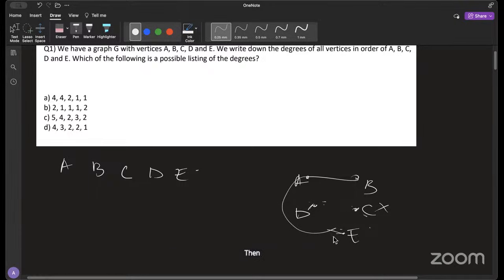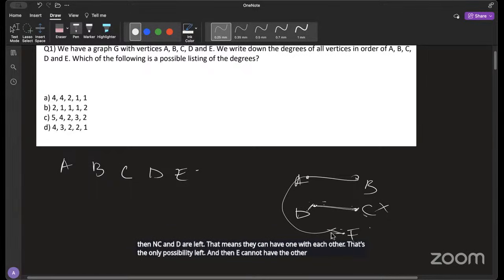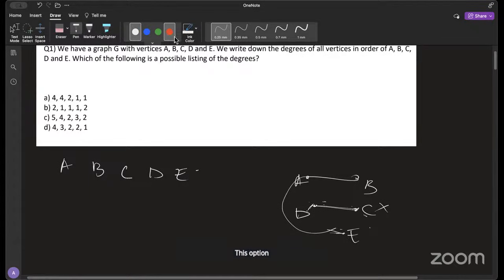Then A has two, E has two, and everyone else has one, right? So B's one is already done with A, and C and D are left. That means they can have one with each other. That's the only possibility left. And then E cannot have the other edge with anyone else because this is completed, right? This option can't be correct.